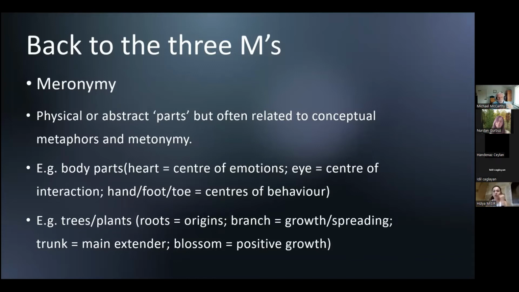And we can do the same with trees and plants, for example. The roots of a tree or a plant conceptually represent origins. So I can talk about my roots, my family roots, the root of a problem, just where it came from. The branch represents growing and spreading.